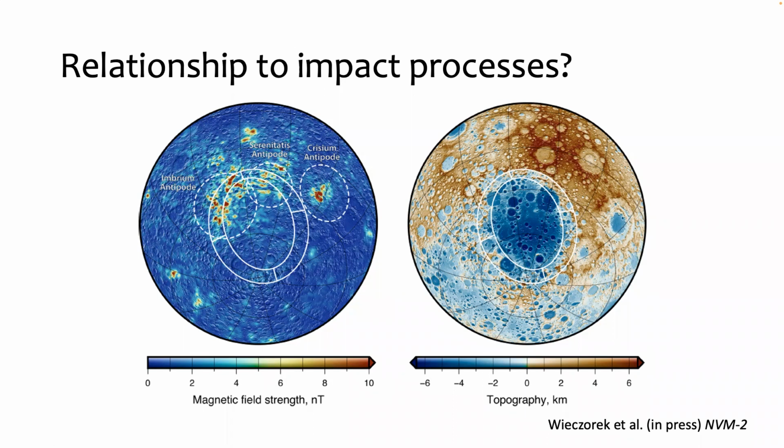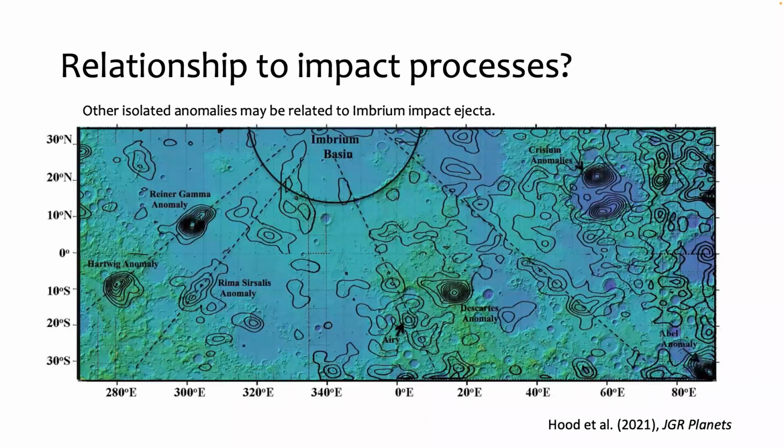So this led to another question: what is the relationship between impacts and magnetism? Are these anomalies recording a dynamo field, or could there be some kind of transient impact-generated field that's produced?